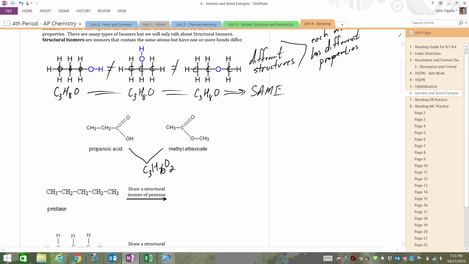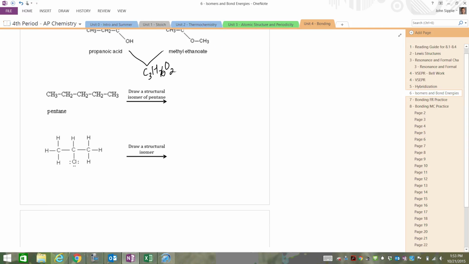Okay, so let's try and draw some isomers. We've got a chain here of pentane. This is C5H12, since 6 plus 6 is 12. We want to draw some structural isomers. I'm not going to draw in all the hydrogens here, I'm just going to put in some lines. So let's say I do this: 1, 2, 3, 4, 5.